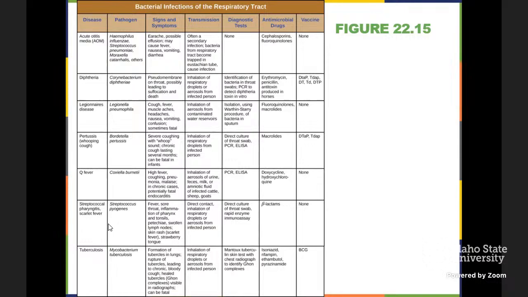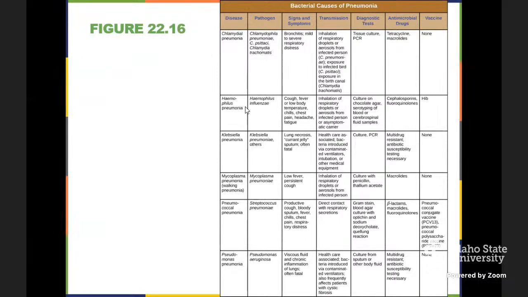So strep we saw, and TB as well. A little more chlamydial pneumonia: Chlamydophila pneumoniae, psittaci, and Chlamydia trachomatis. The first two are Chlamydophila, and then Chlamydia for the last one. The psittaci, this one is important with birds.